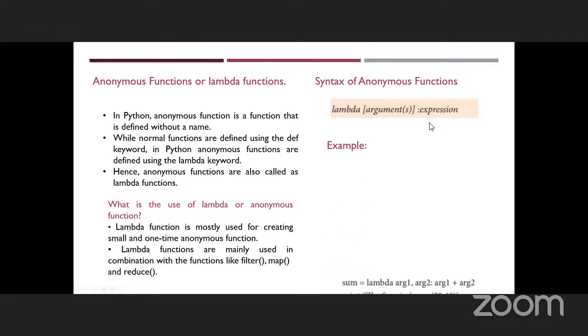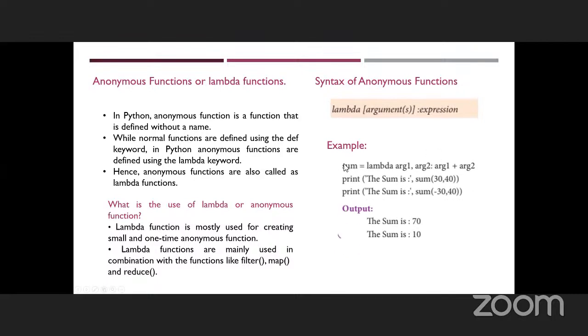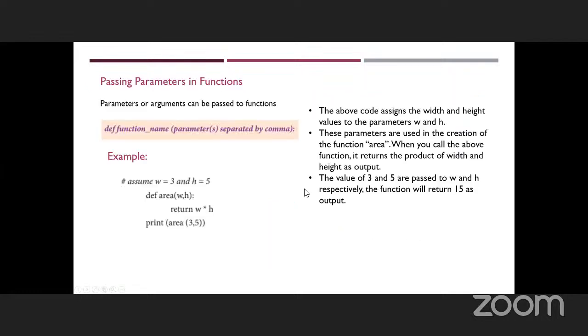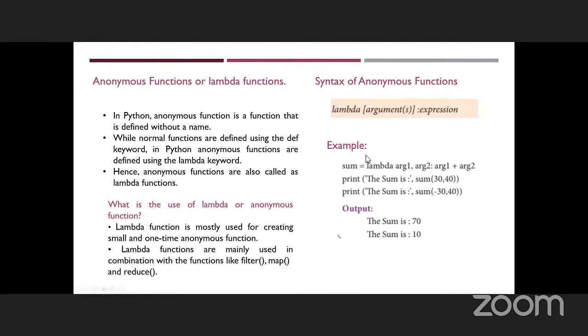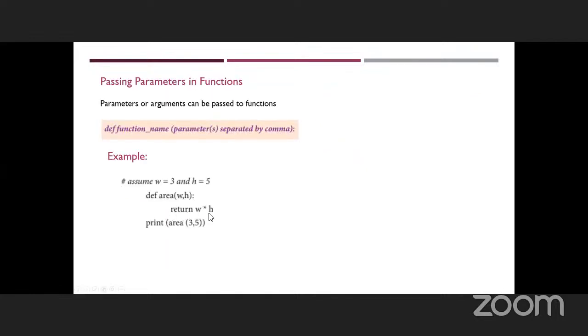Going with the example, here you can see that we are giving a variable sum. So sum is equal to lambda arg1, arg2. These arg1 and arg2 are the variables we are giving, like in the last example we gave w comma h. The colon indicates that after the argument passing ends, this block of code should run. Like there we said return w star h after the colon.